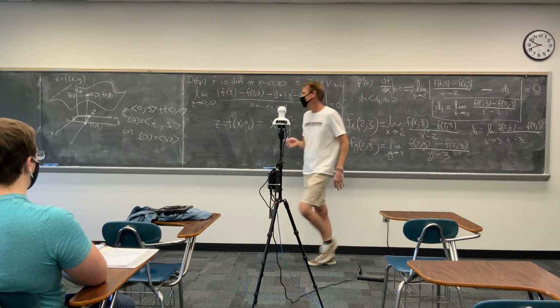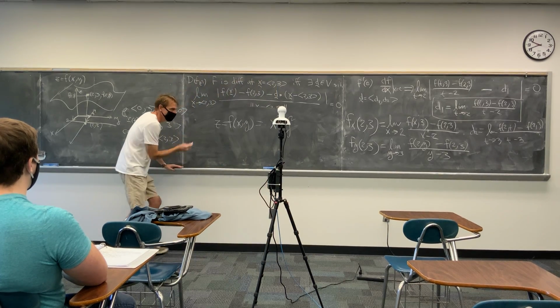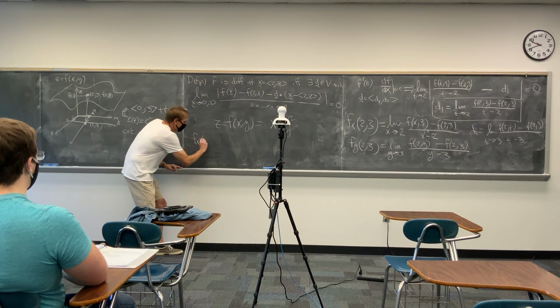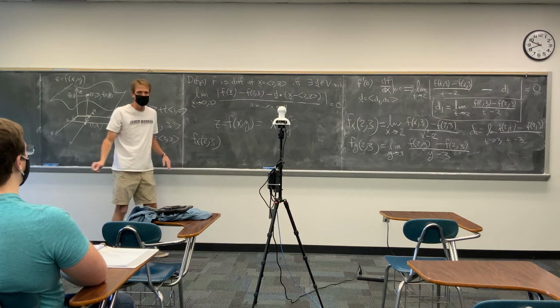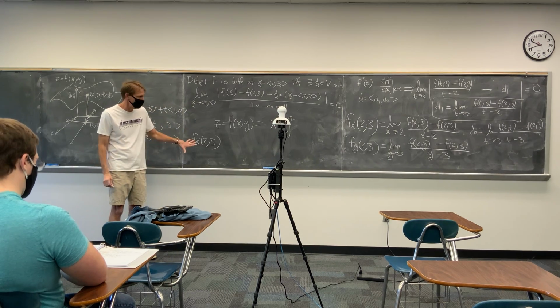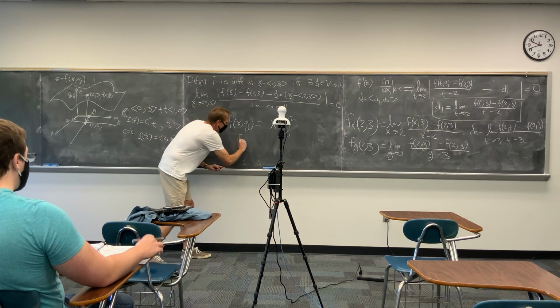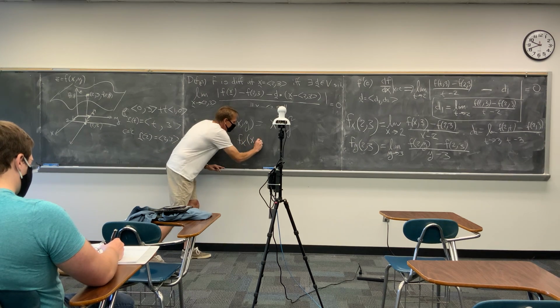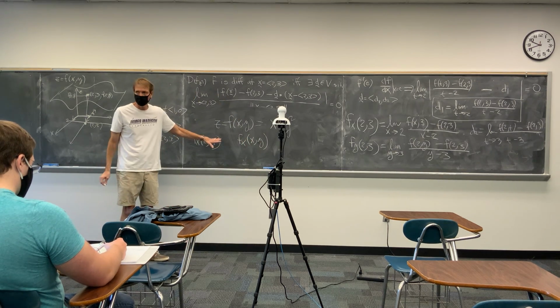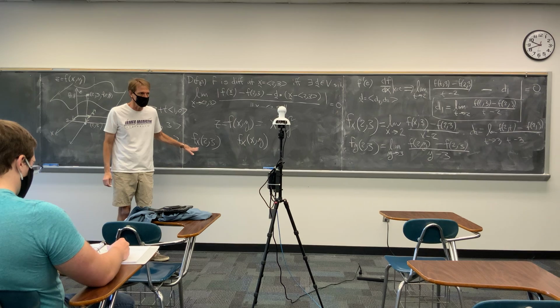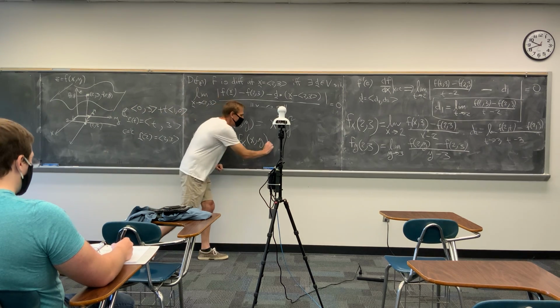Now imagine that I wanted to calculate f sub x at 2, 3. Let's first of all calculate it for any x and y, before we calculate it at 2, 3.